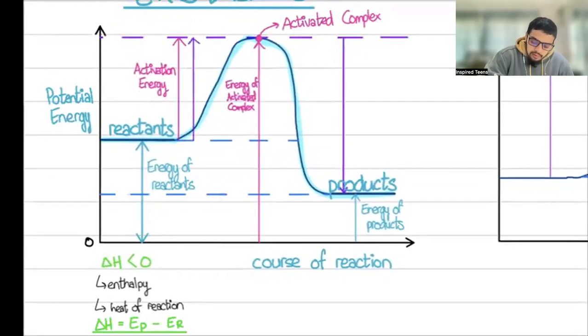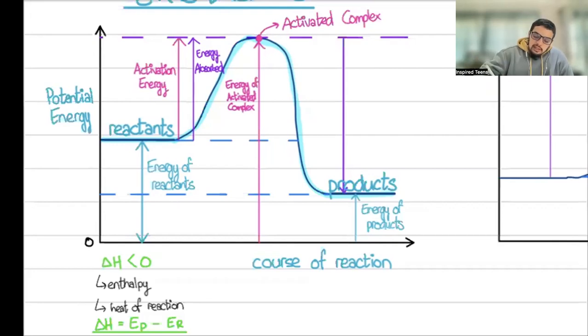Sorry, the energy absorbed. Okay, that makes perfect sense. Energy absorbed is the amount of, remember we discussed, when bonds are broken, energy is absorbed. So we are trying to break the bonds of the reactants to get to the activated complex. So all that time, energy is being absorbed from the environment.